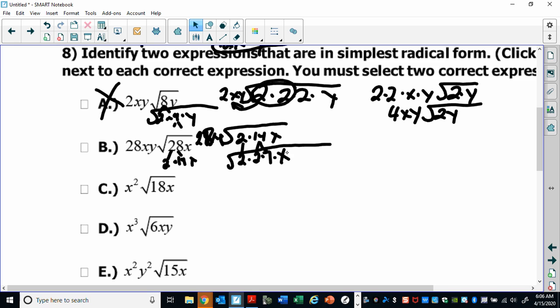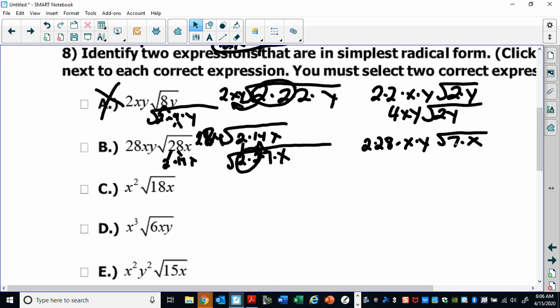Now we're looking for groups of 2. Can we break down 7 first of all? We cannot. I do see that 2 repeats twice, so I'm going to bring out 1, 2. Right? And we're going to have 2 times 28 times x times y. And now underneath that radical, we're still going to have 7 times x.